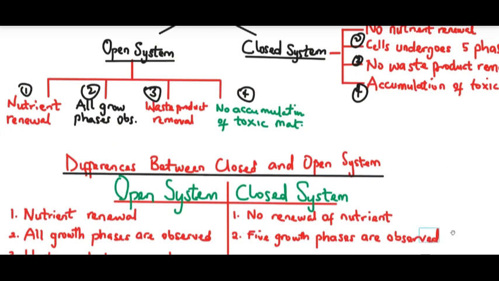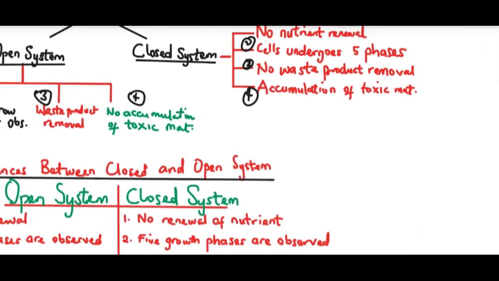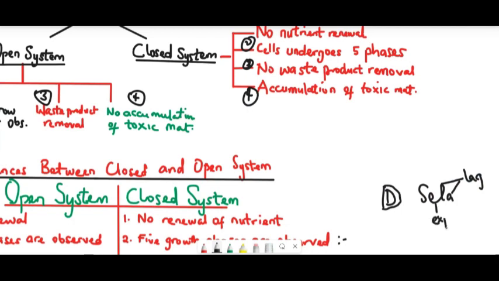Here, only 5 growth phases are observed, and the 5 growth phases are dependent on the acronym D-cellar, right? From our last video, we talked about D-cellar, right? LA tells us your lag phase, right? E tells you the exponential phase or your log phase, right?